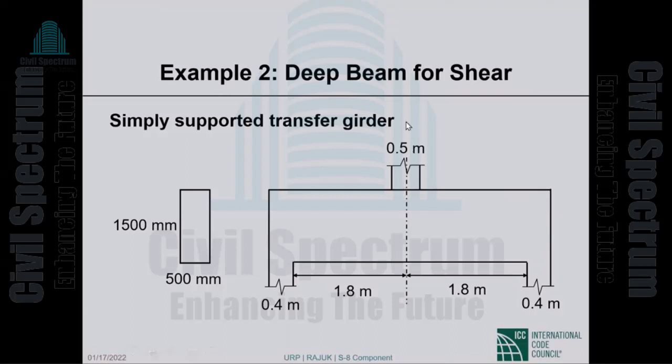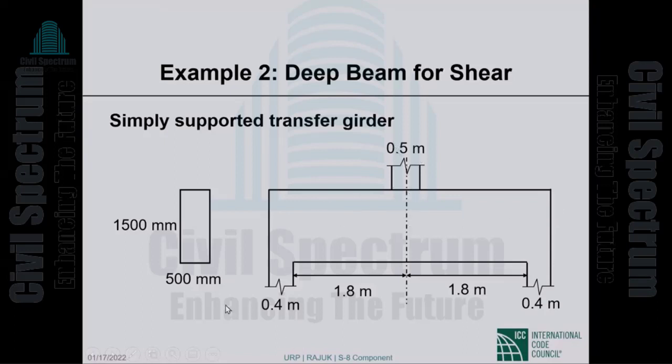This is the load applied at midspan. 0.5 meter is the width of the column or whatever. This is a transfer girder.